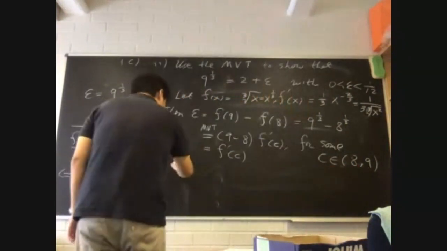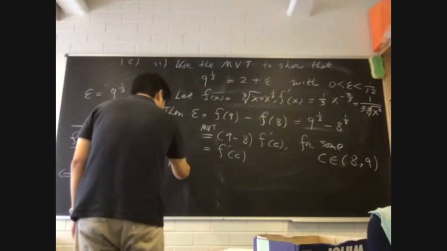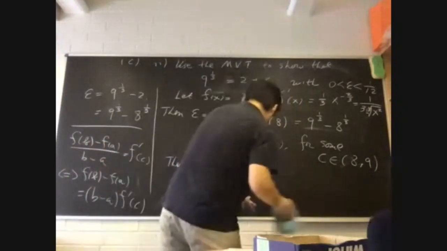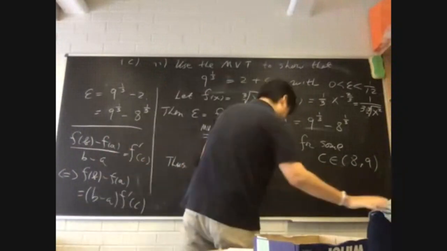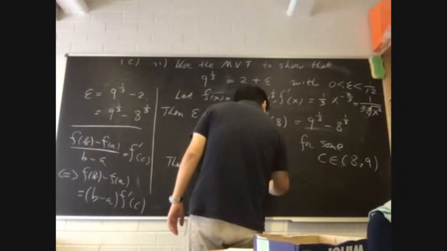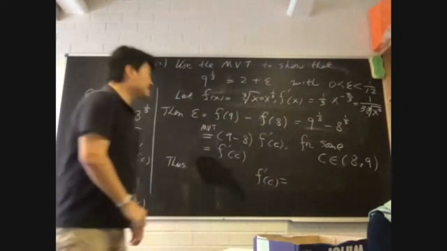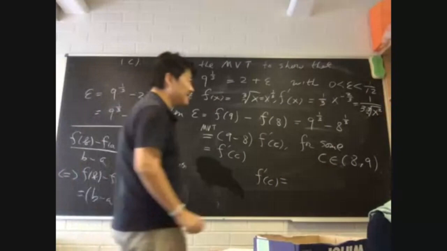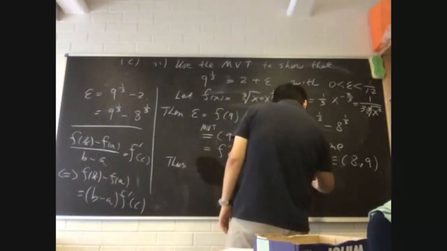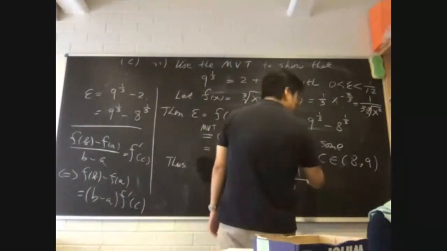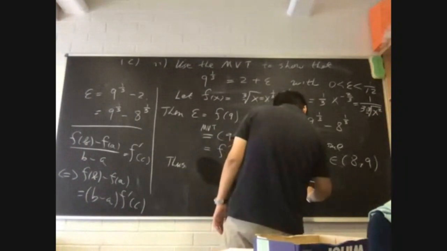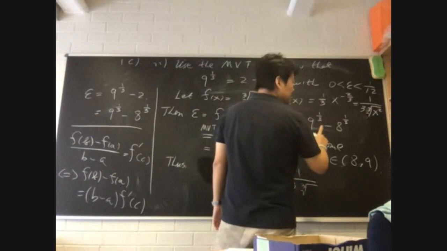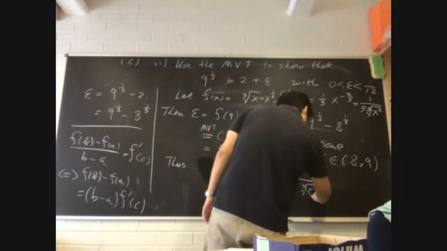So f prime of c: I have an expression for f prime of x, so let's just put c in. It's 1/3 times 1 over the cube root of c squared.